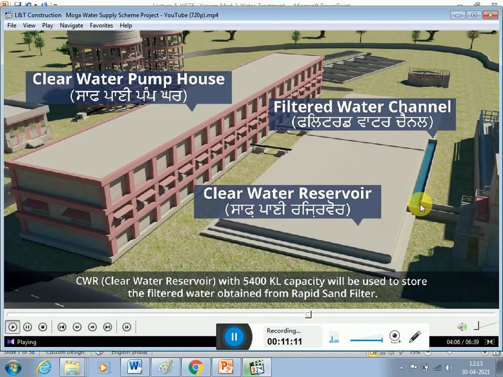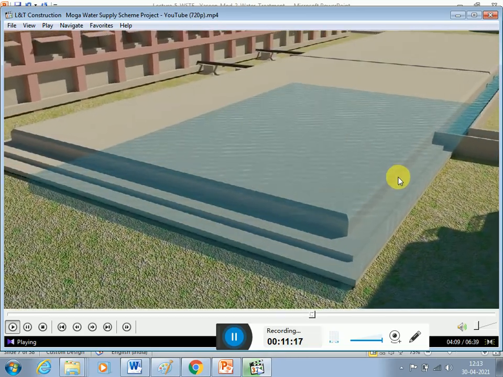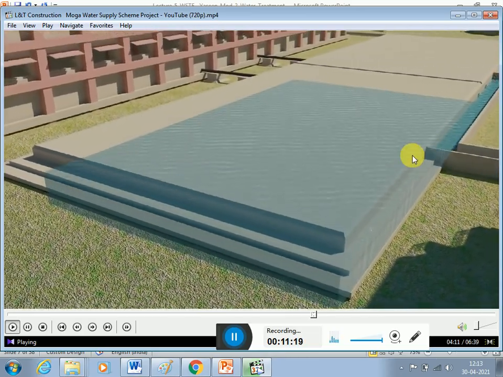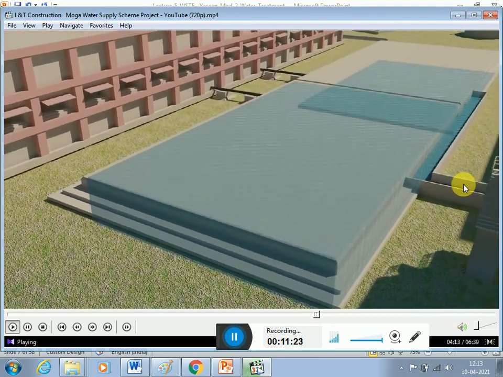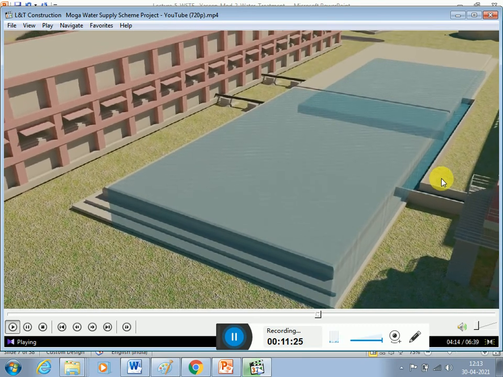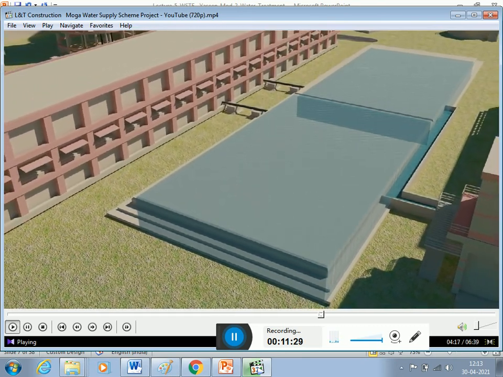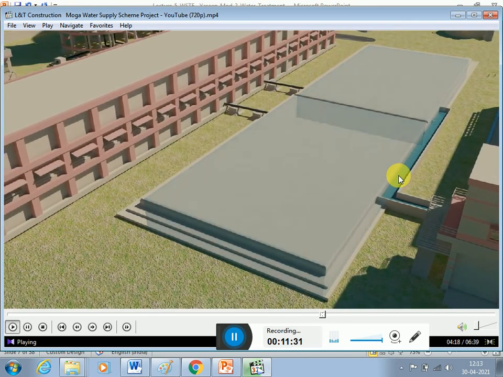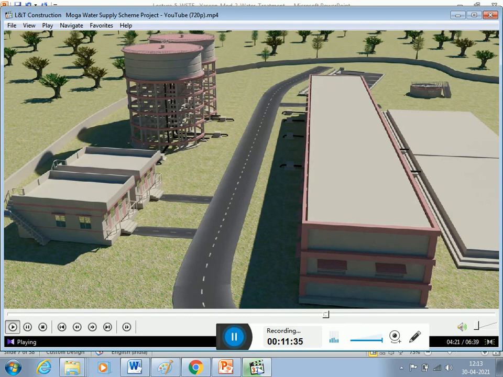Here you can see the filtered water is coming and it is being stored in the clear water tank. Here we can add any disinfectant, that means liquid chlorine, chlorine gas, or bleaching powder can be added, and the water is usually stored for a period of 30 minutes of contact time, so that all the pathogenic organisms will be killed.